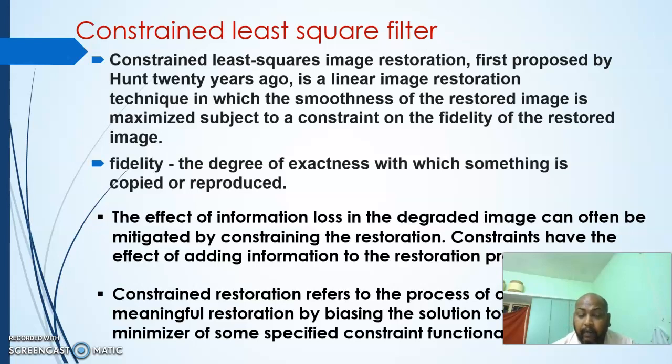When we talk about fidelity, you can say it is the degree of exactness with which something is copied or reproduced. Here, the effect of information loss in the degraded image can often be mitigated by constraining the restoration.